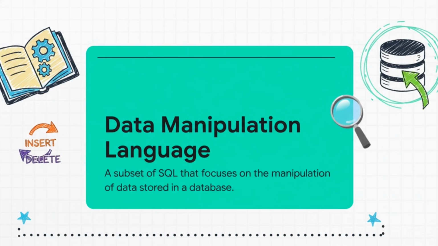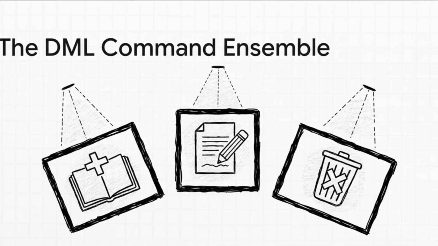You could think of it as the action hero in your SQL toolkit. And this toolkit, this ensemble, if you will, has three main stars. You've got a command for putting new data in, one for changing what's already there, and another for getting rid of what you don't need anymore. These three, they are the absolute core of your data storytelling arsenal.